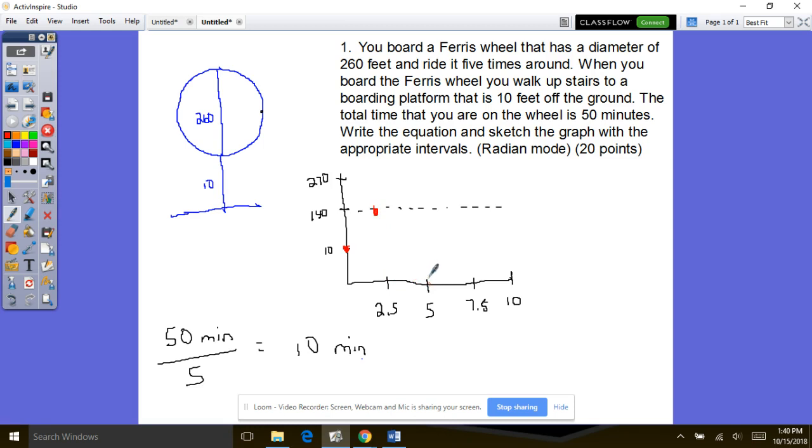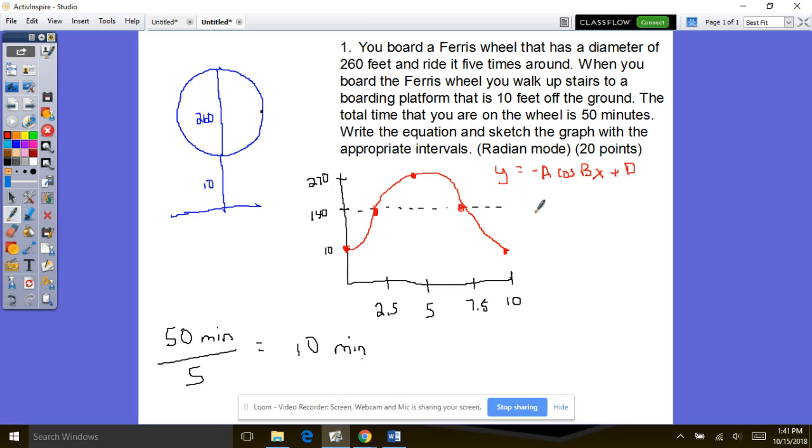If I go to 5, halfway, you're all the way at the top. Now keep going. What function is this, which everyone should know? This is negative cosine. So my equation for negative cosine will be y equals negative a cosine bx plus d.